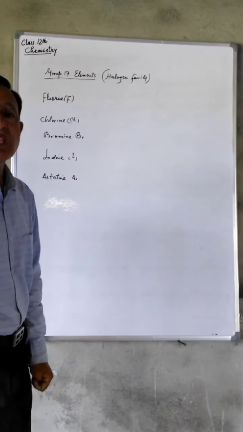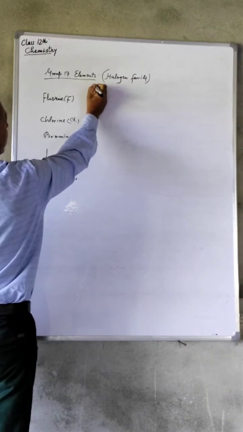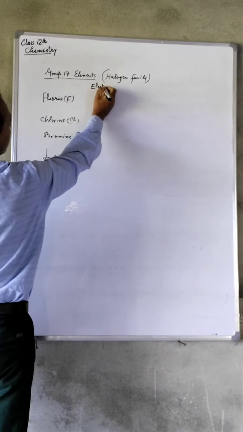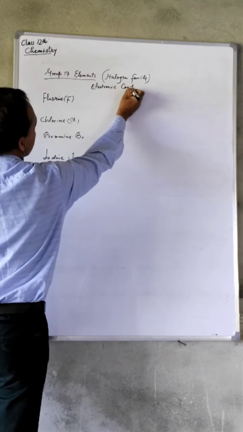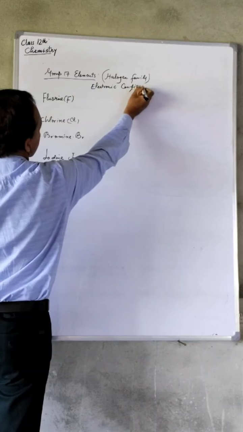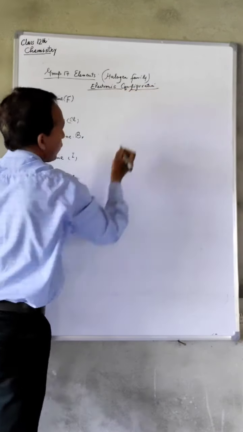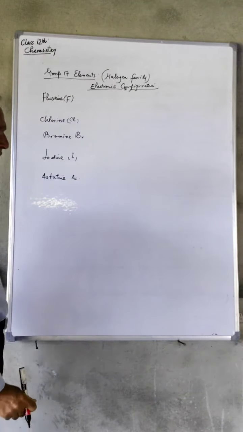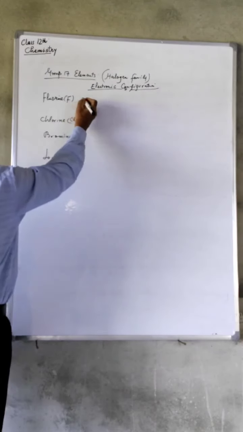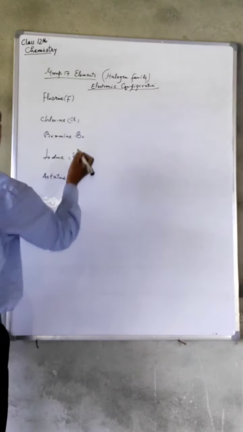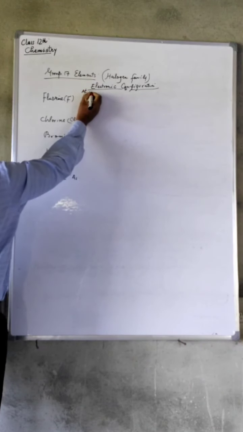Before discussing the trends in their properties, we discuss their electronic configuration. To write the electronic configuration of the halogens, we have to write their atomic numbers. Fluorine's atomic number is 9.